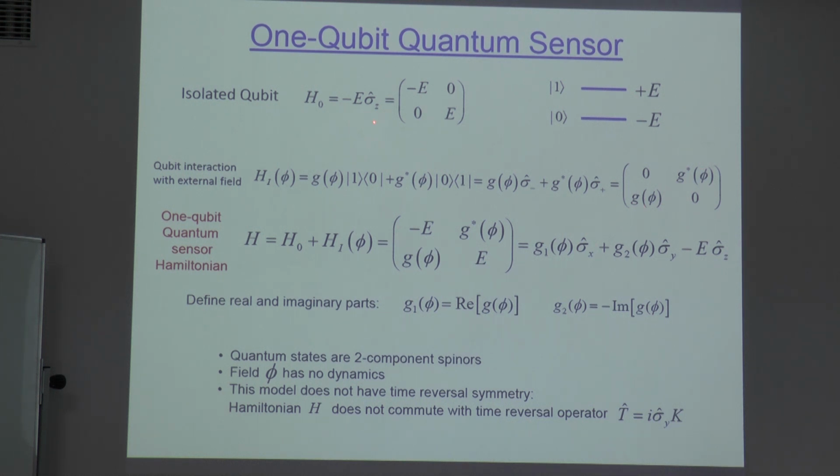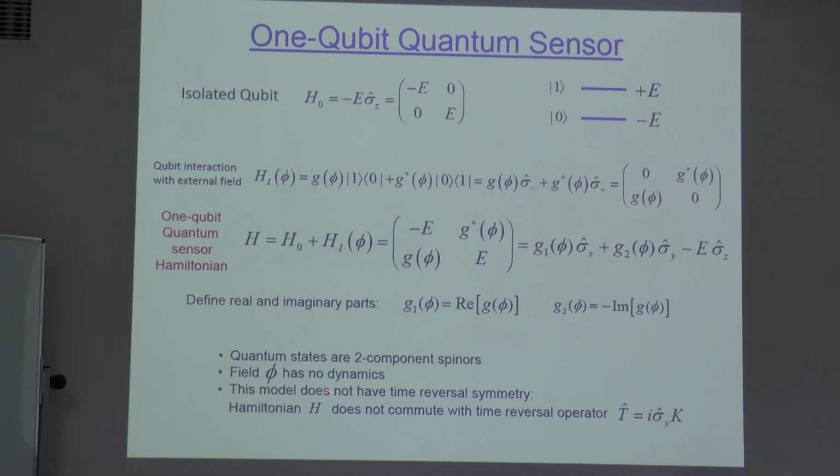You can take the sum of the non-interacting qubit with the interaction Hamiltonian, and it just looks like this 2 by 2 matrix, where those are the interaction terms. You can express this as just sigma x, sigma y, sigma z, where these are the two coupling constants. This is the real part, and this is the imaginary part of this G. And this is the energy in the problem.